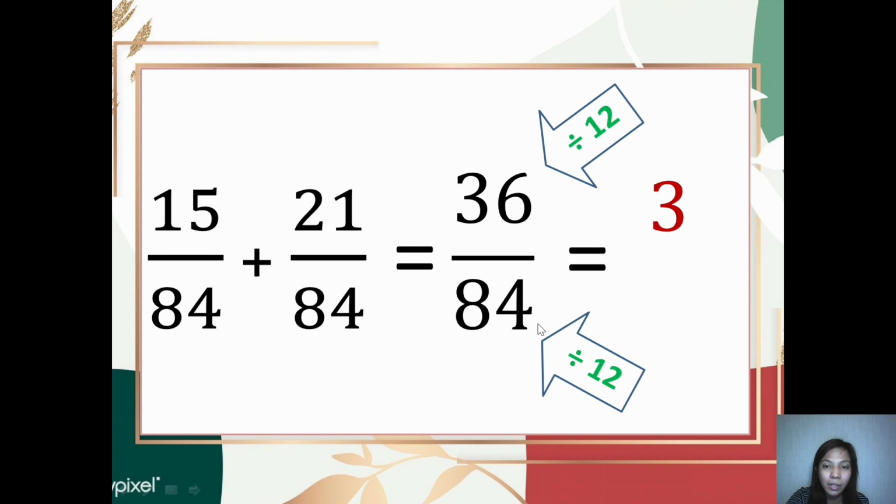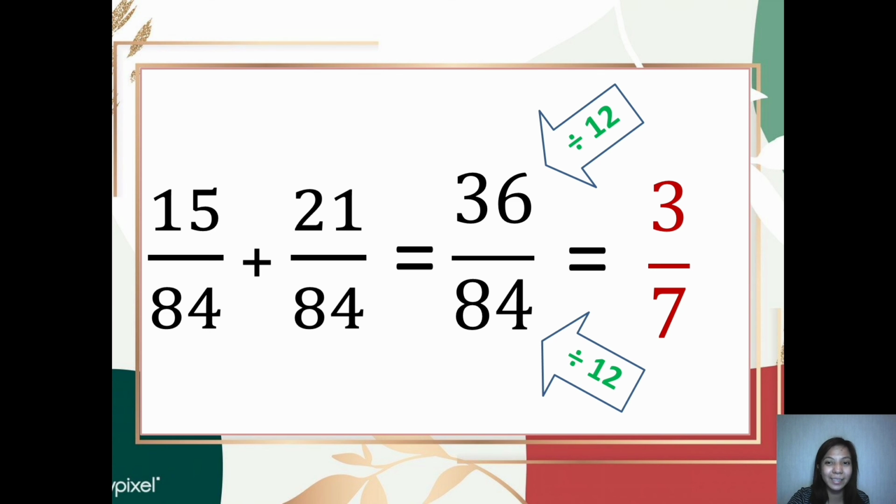If the numerator and denominator each have a different divisible number, then you cannot simplify it. It must be divisible by the same number, like this one, 12. So now 84 divided by 12, the answer is 7. So 3 over 7 is the final answer.